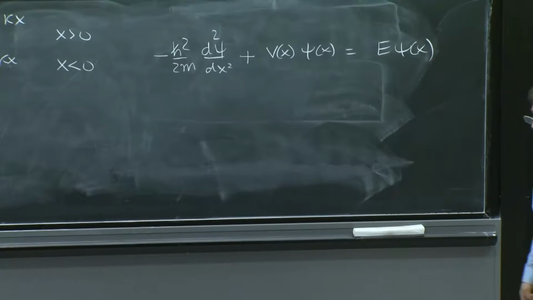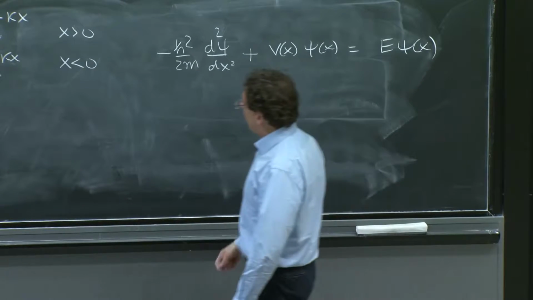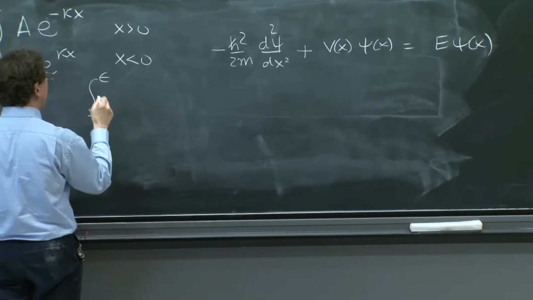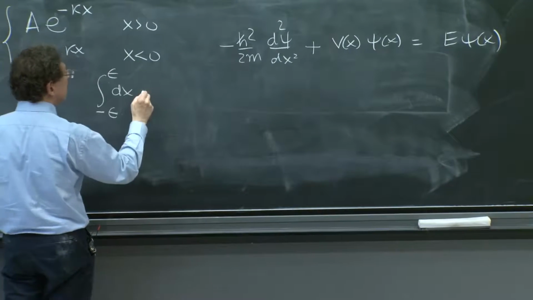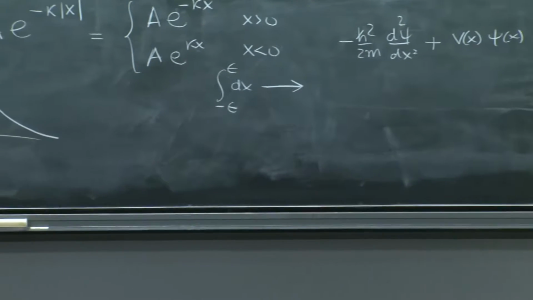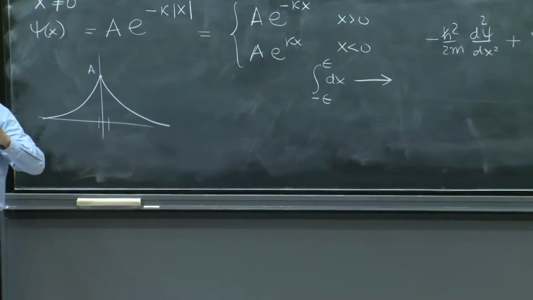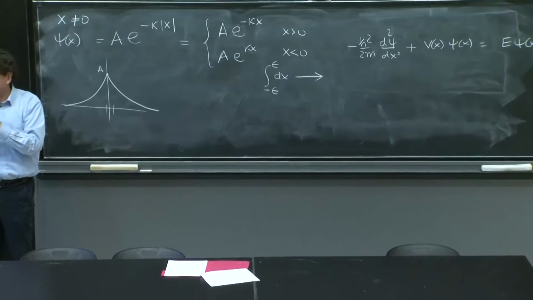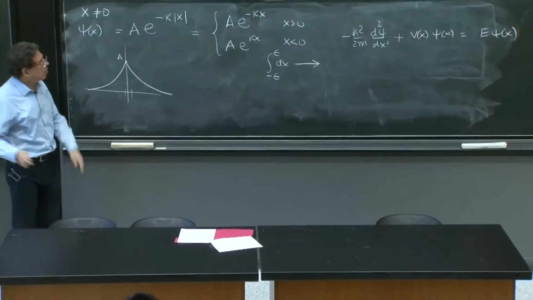And the idea is to integrate this equation from minus epsilon to epsilon, where epsilon is supposed to be a small positive number. So you integrate from minus epsilon to epsilon the differential equation and see what it does to you in the limit as epsilon goes to 0. That's what we're going to try to do.